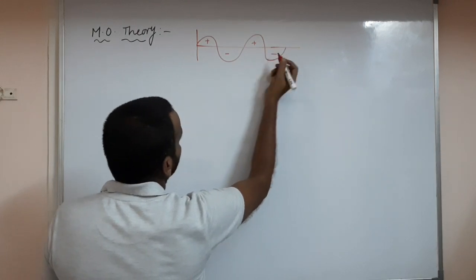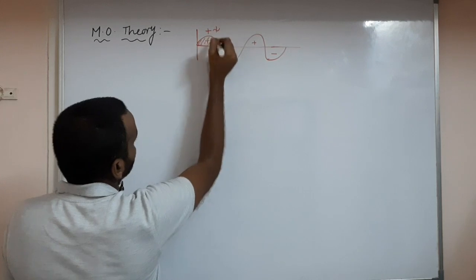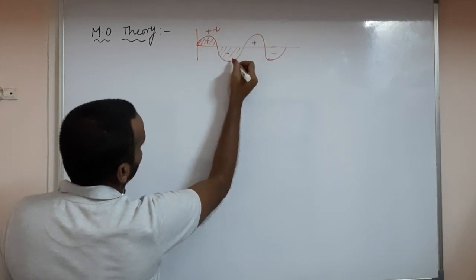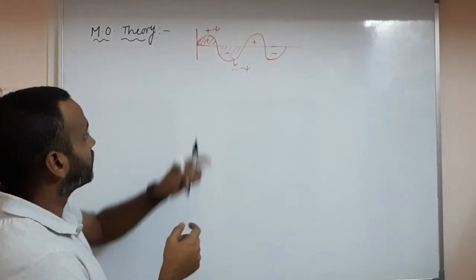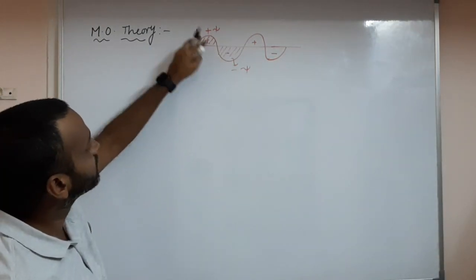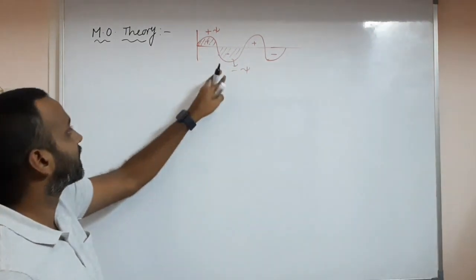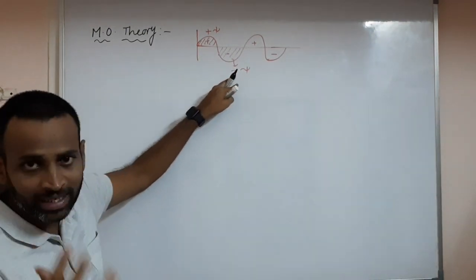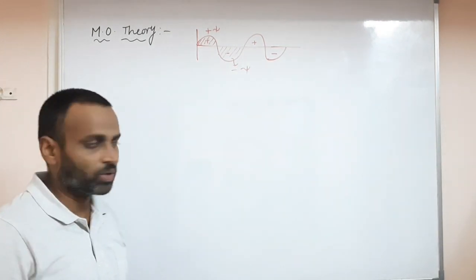This is the positive lobe, which we call the positive sign, and this we call the negative sign, the amplitude. So this plus side gives a positive probability of finding the electron. This minus side gives a negative probability of finding the electron.